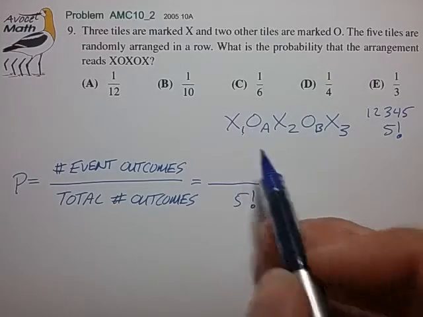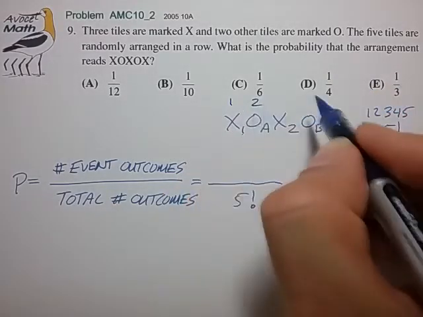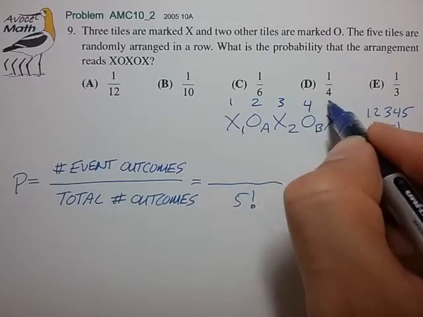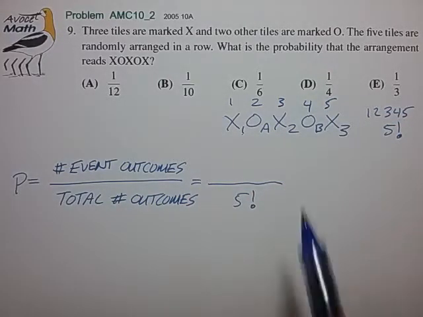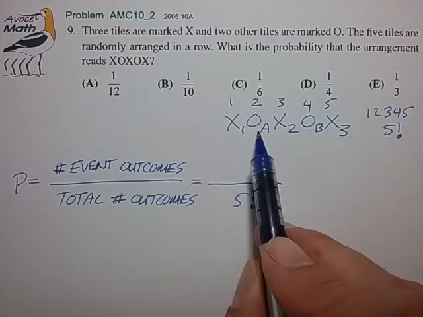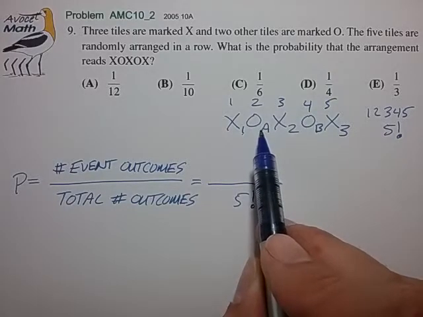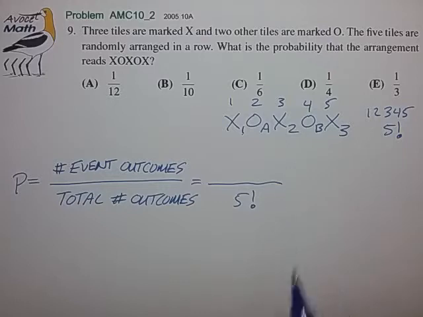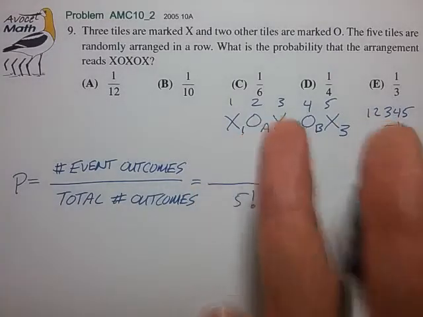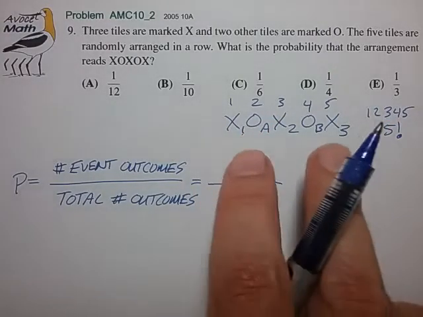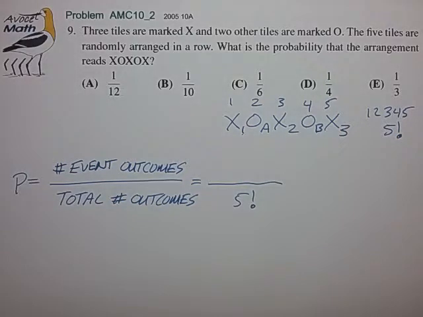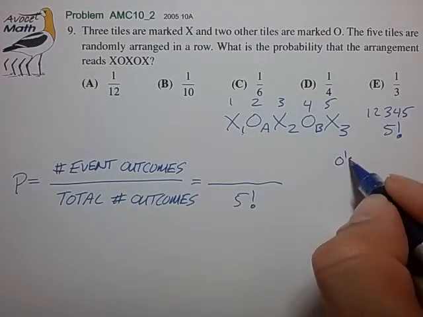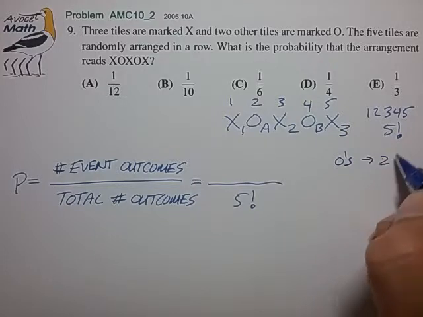We notice that the O tiles basically have to fall into positions 2 and 4 in our ordered row, but we also see that there's a possibility for the A tile to occur first or the B tile to occur first. So essentially they can be swapped, and that's similar to a permutation arrangement of 2 objects. So in essence, the O's can be arranged in 2 factorial ways.